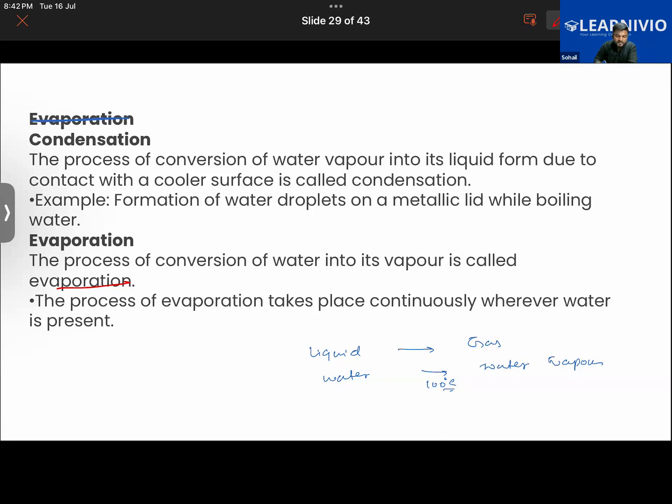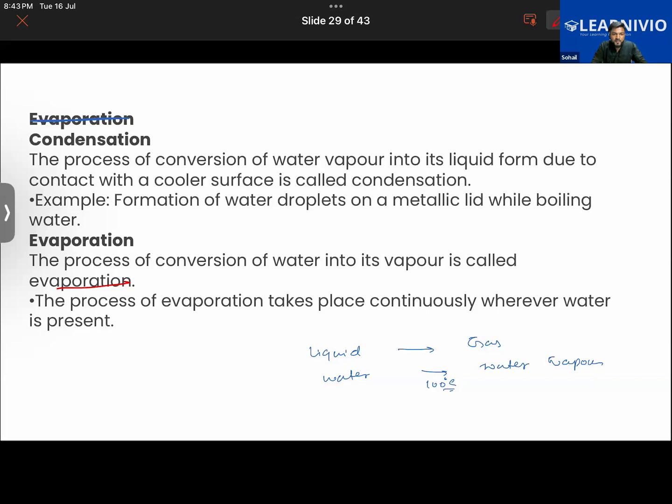For example, if I have a cup of water and leave it open in my room for a week, after one week I will observe that the level of water has gone down, because some of the water turned into water vapor. But I didn't raise its temperature to 100 degrees Celsius. It basically absorbed heat from the surroundings and then converted into the vaporous state.